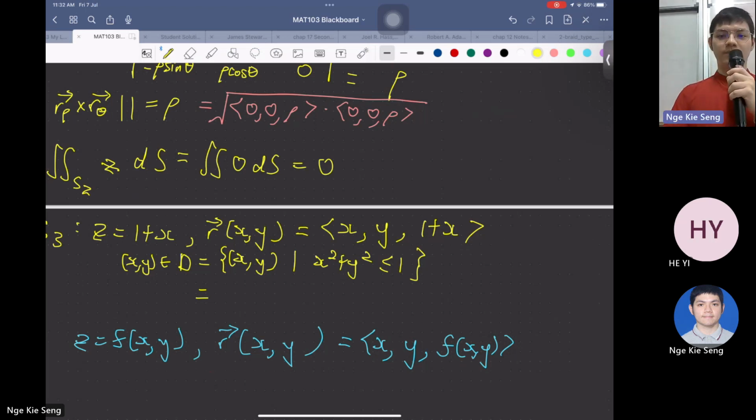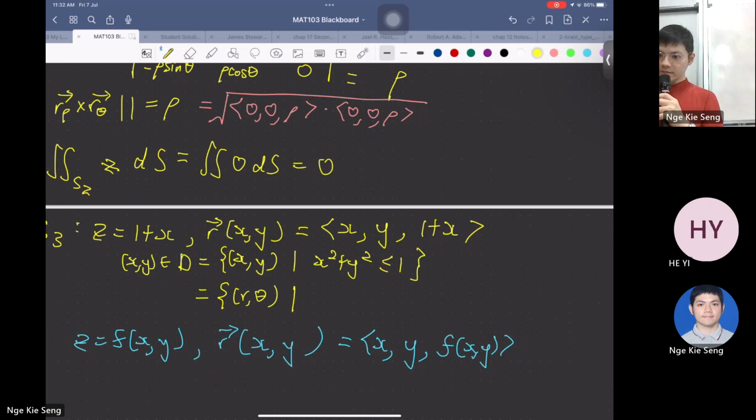So what's another way to write this down? I'm testing you to change variable, change coordinate, I mean. R and theta. You can use R and theta to describe it. So R is going from 0 to 1, and then theta is going from 0 to 2 pi.